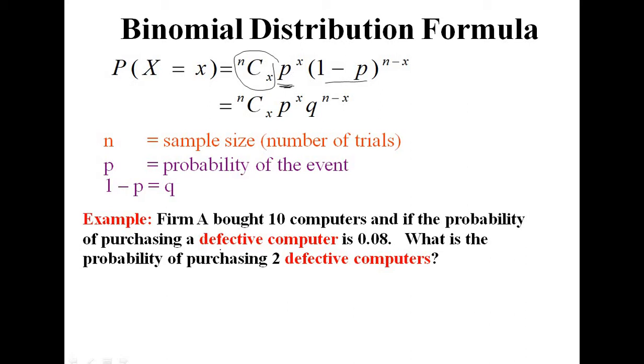For example, firm A bought 10 computers, and the probability of purchasing a defective computer is 0.08. What is the probability of purchasing 2 defective computers?